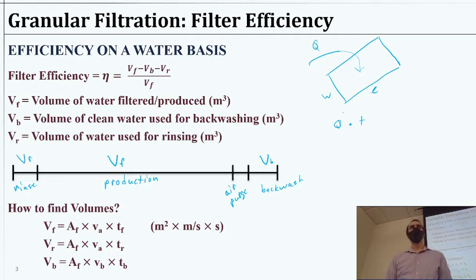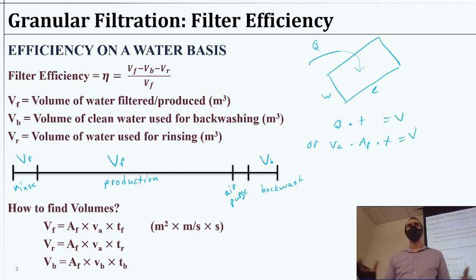And so if we have a loading rate, then we need to take that loading rate, multiply it by the area, because that's what our Q is. In some sense the depth times the width times the length is our volume. So we get the area of the filter, multiply that by our time, that's going to be our volume.